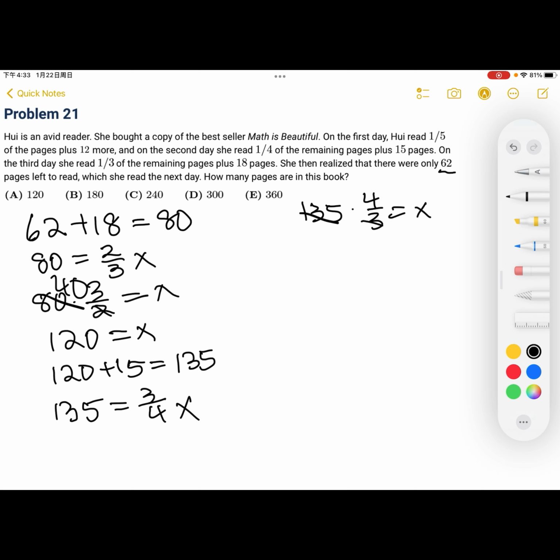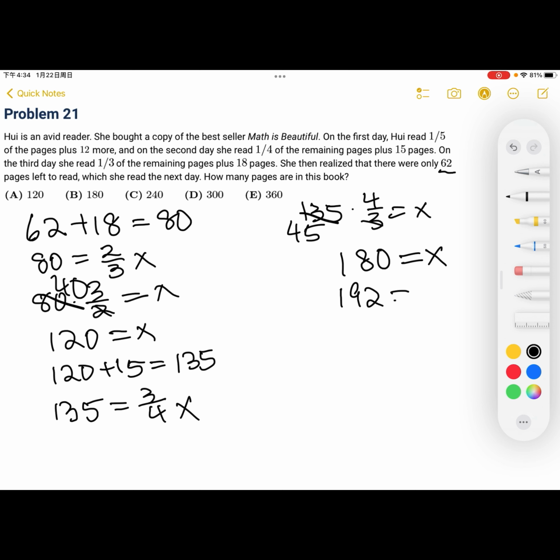And then reducing, that's 45, yes. And then multiplying, we have that was 180 pages. And then doing this one last time, adding back the 12 pages, that's 192 pages.